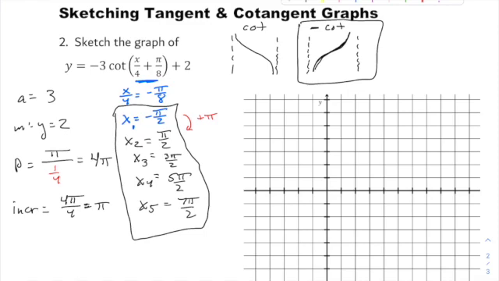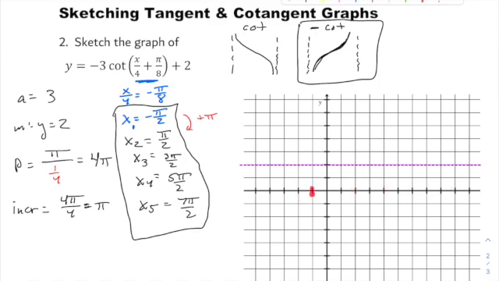Midline of 2, amplitude of 3, so here's the midline of 2. Let's look at the spacing on the x-axis, negative pi over 2 all the way to 7 pi over 2. Well, I have enough space if I go 2 boxes for a half pi, so that's negative pi over 2, pi over 2. And then I have to go here, then that's 3 pi over 2.